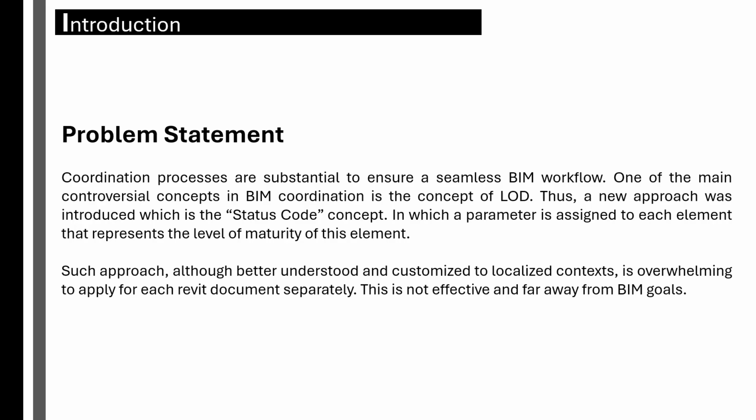Such approach, although it is better understood and customized to localized context, is overwhelming to apply because for each Revit document you have to create these parameters separately and create filter views and override the views. However, this is not effective, and this is far away and actually goes in contrast with the BIM goals.